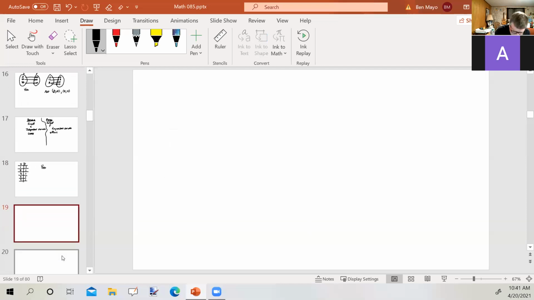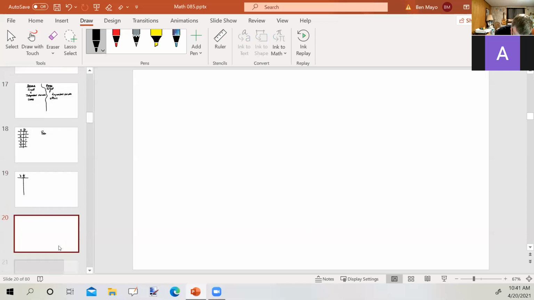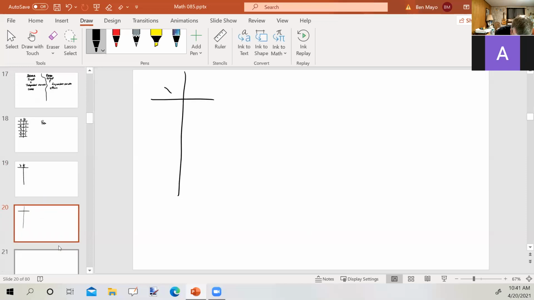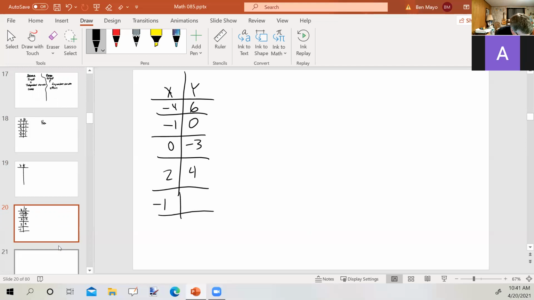On the other hand, a table like this: -4, 6, -1, 0, 0, -3, 2, 4, and -1, 2.